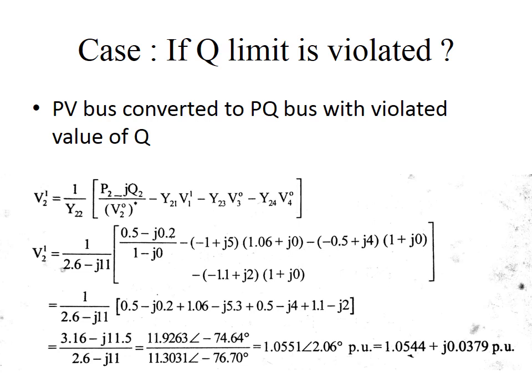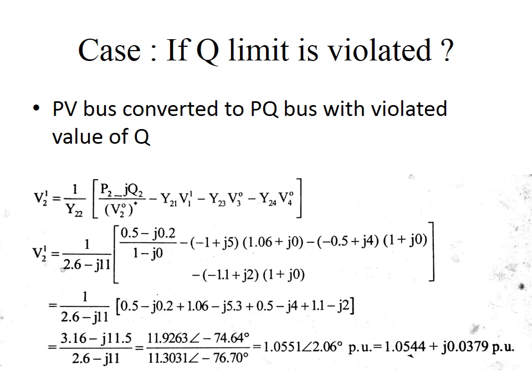Therefore now the generator bus is going to be treated as a load bus, or the PV bus is going to get converted to a PQ bus. Therefore the reactive power generation for bus 2 is fixed at 0.2, that is the lower limit, and bus 2 is treated as a load bus for the first iteration.